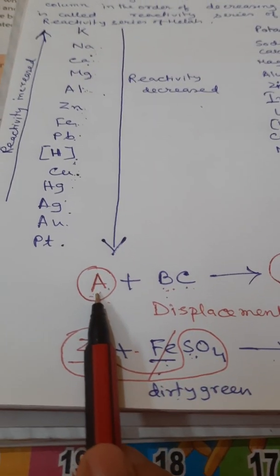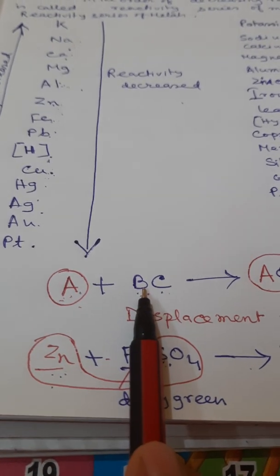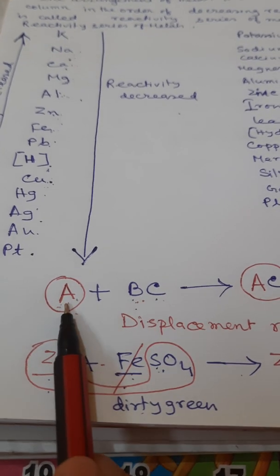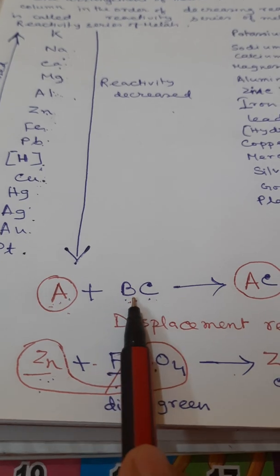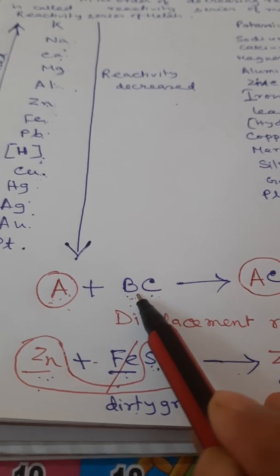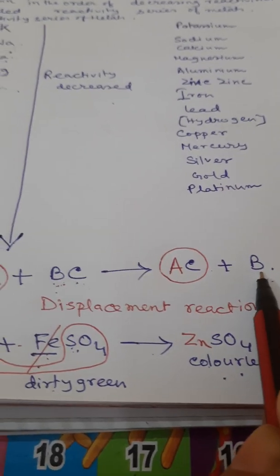A, being more reactive, displaces B, which is less reactive as compared to A, and it occupies its space. That means A displaces B from its salt solution and B is left in this solution.